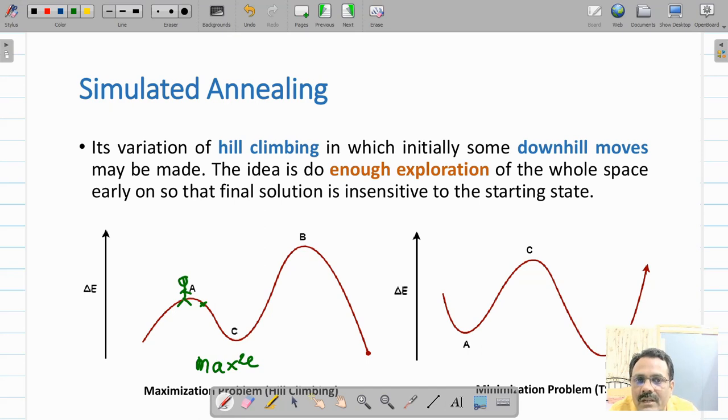So if you incorporate such downhill moves, then your algorithm will be exploring the whole search path. Then it may move this way, and it can reach the other maximum point, and that is our global maximum. So this idea has been incorporated in the simulated annealing algorithm. Initially it performs a random walk, and afterwards it functions like your hill climbing search algorithm.